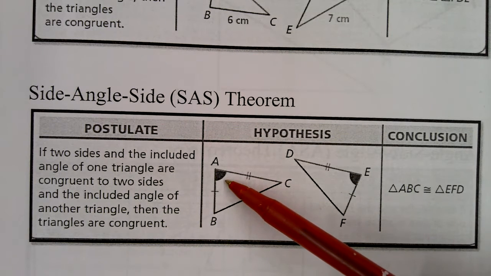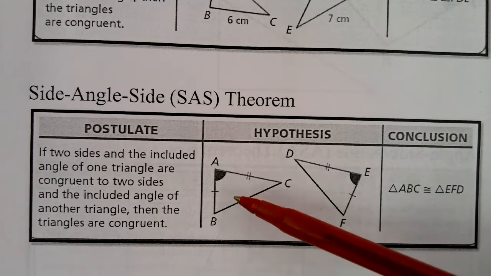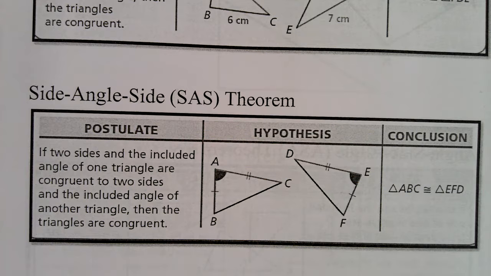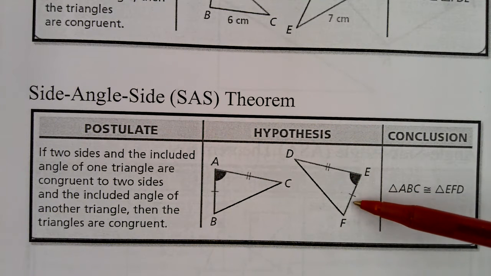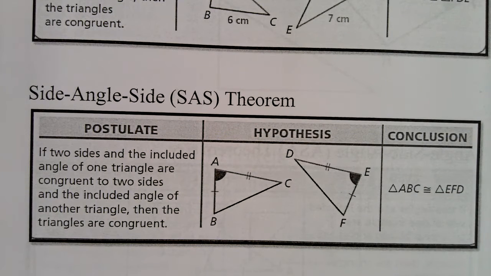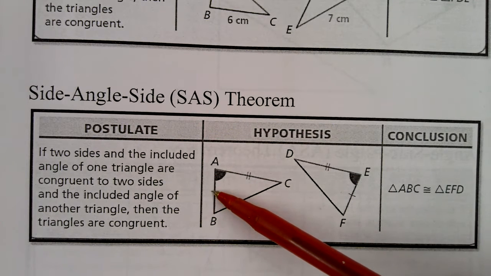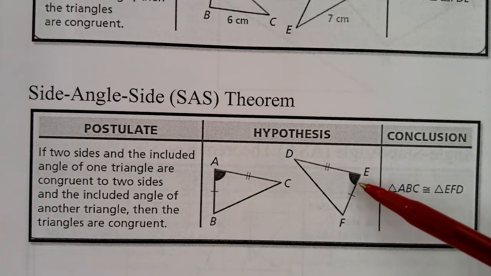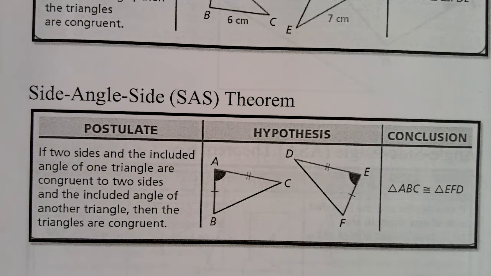It would be angle A. So if 2 sides and the included angle of one triangle are congruent to 2 sides and the included angle of another triangle, then the 2 triangles are congruent. It has to be the included angle. It has to go side, included angle, side. If you know that, then you can conclude that the 2 triangles are congruent. That's side, angle, side.